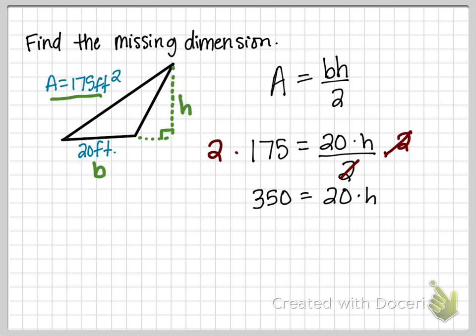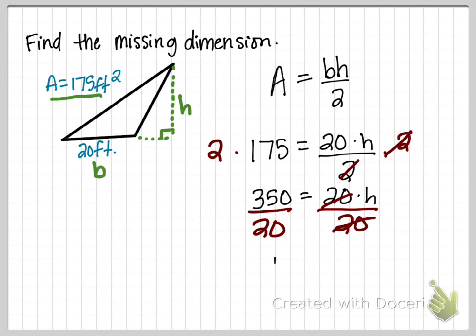Now our last step, we want to get H by itself. 350 is equal to 20 times H. If I cover up this variable term, I'm left with, oops, that's not the variable term. This is the variable term. Divided by 20. Correct. We're going to do the inverse of multiplication, which is divide by 20, because we want that H by itself. If we divide one side by 20, we must divide the other side by 20.